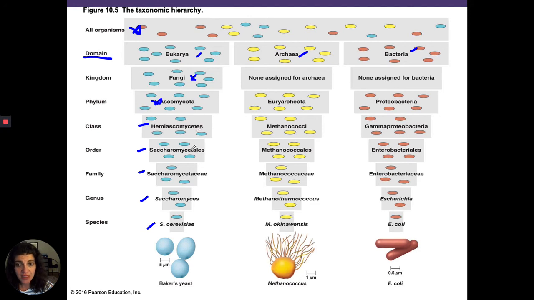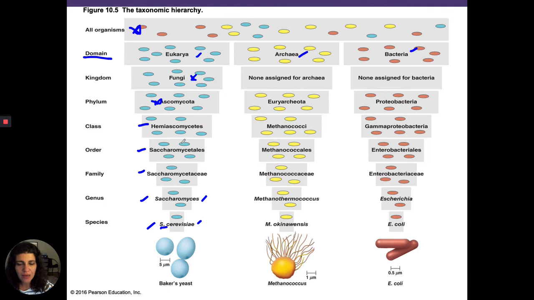The order is composed of a small group of similar families. The genus is composed of a small group of species. So inside the Saccharomyces genus, you have different species, not only Saccharomyces cerevisiae. Okay? So each one of these groups contains smaller groups inside it.